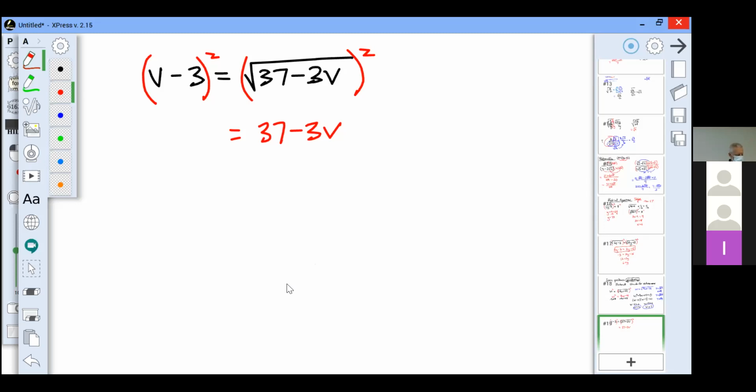Maybe not. And I'm just going to jot down, so you can check real quick, the squaring of v minus 3.